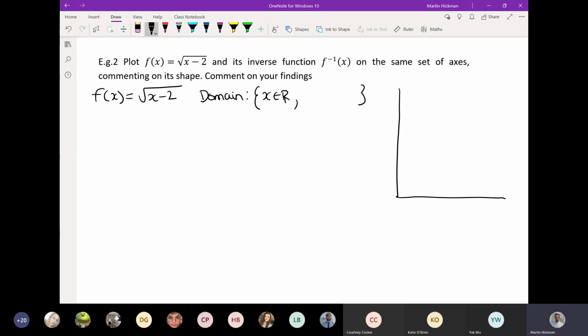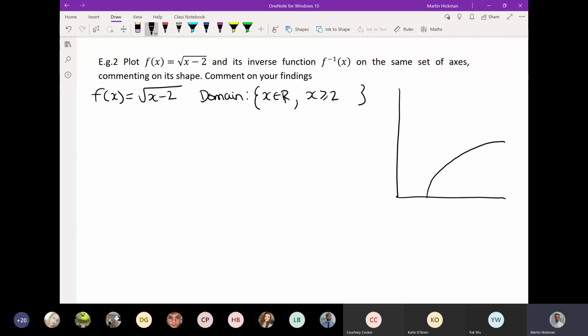Okay, excellent. And you've got the equals in there as well. So yes, x is greater than or equal to 2. Yep, I can see other people with greater than or equal to 2. Okay, so we need to put that in here.